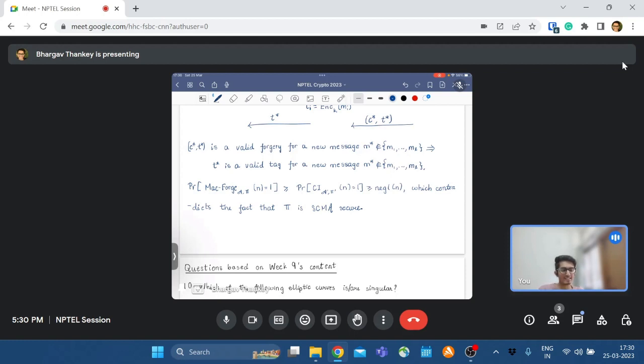And by assumption, A prime succeeded with non-negligible probability, so this should be non-negligible.